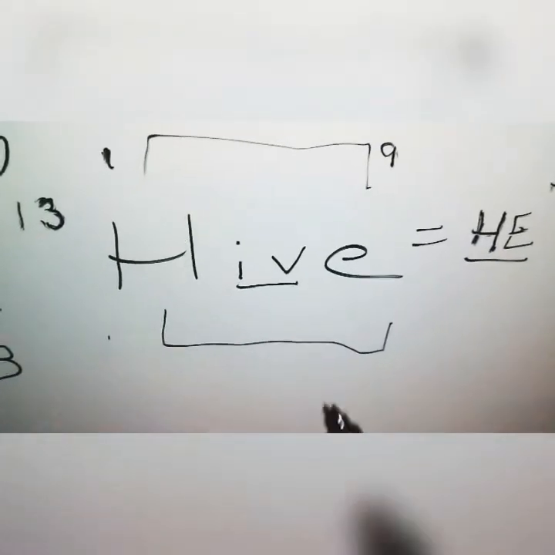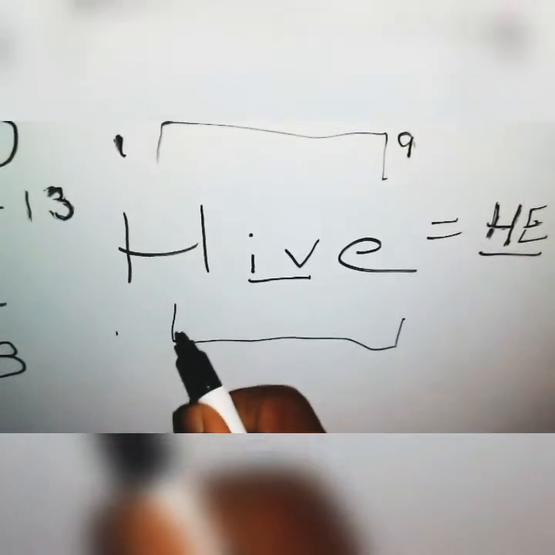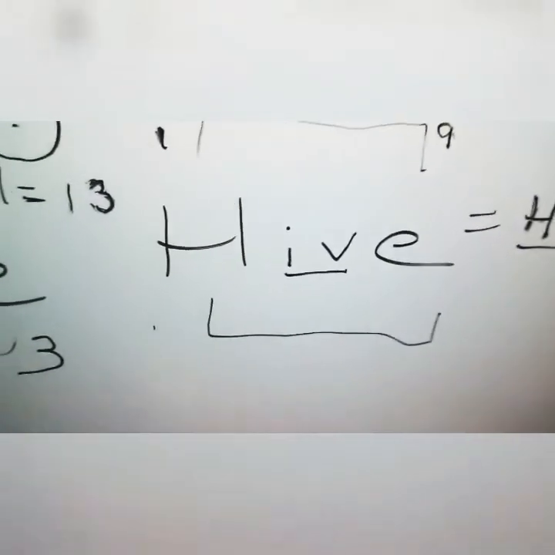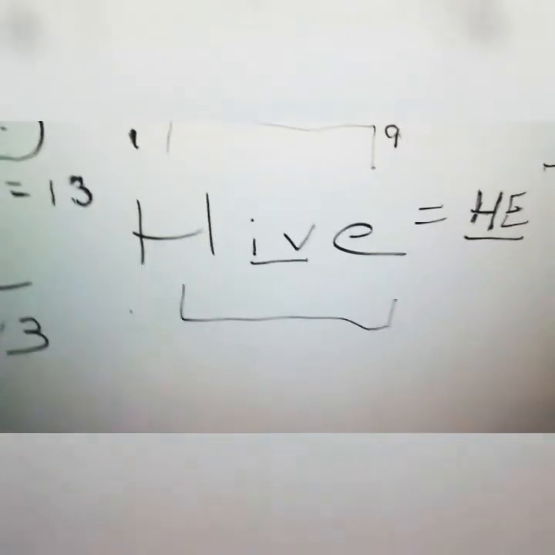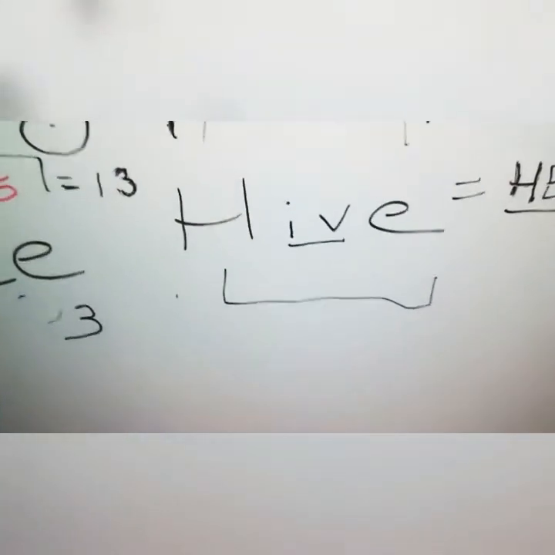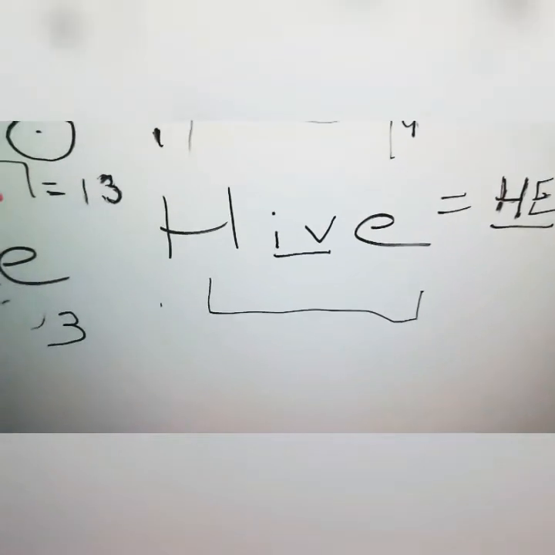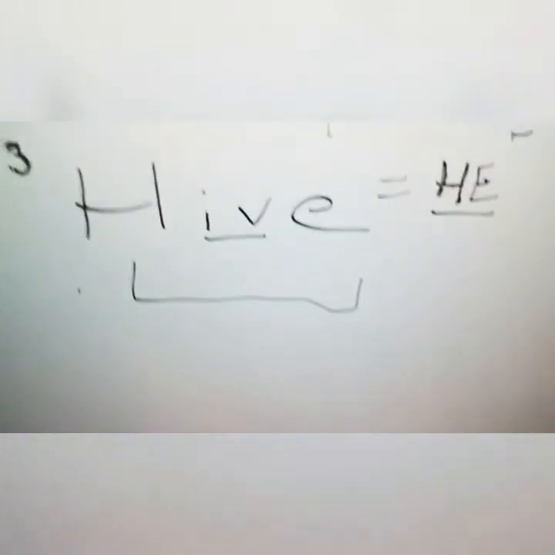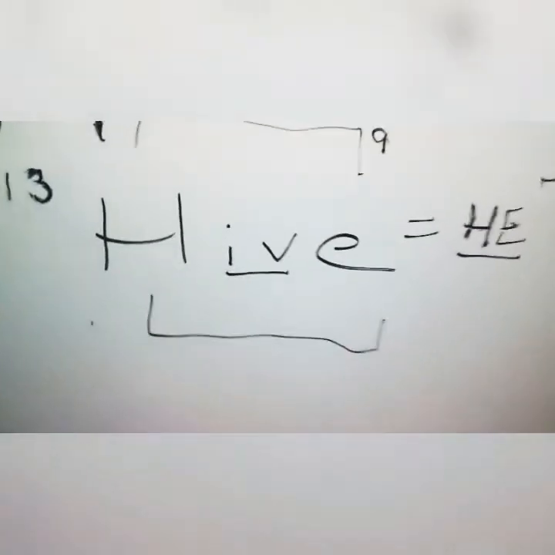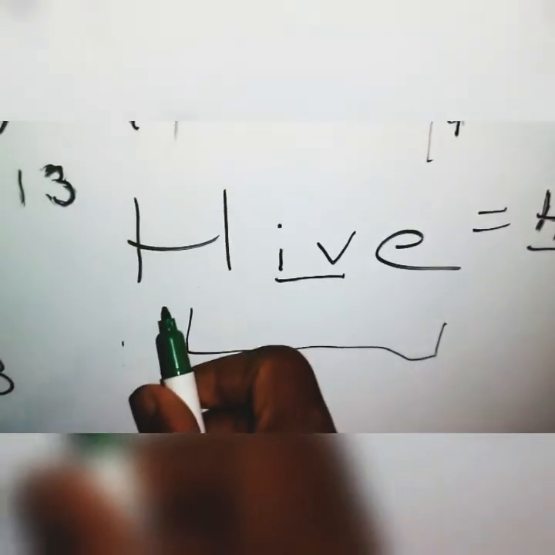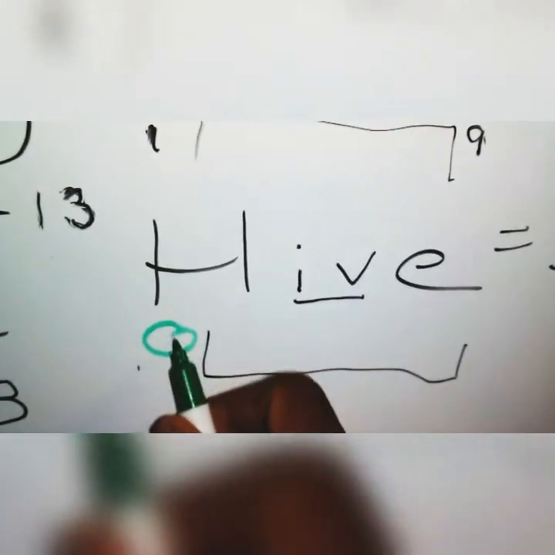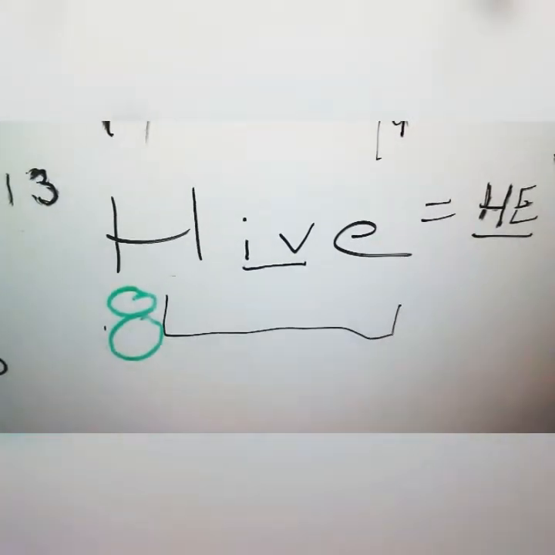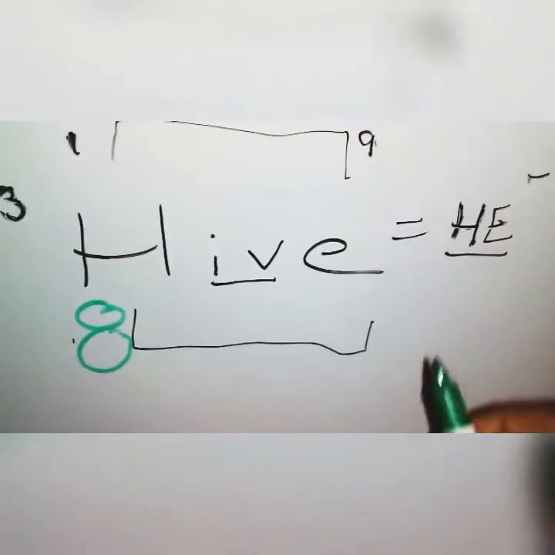But the hive is made up of math, because it opened the door with H, the 8th letter in the alphabet. We say beehive all the time, but we're not understanding how powerful this math is, because H is the 8th letter in the alphabet, right?